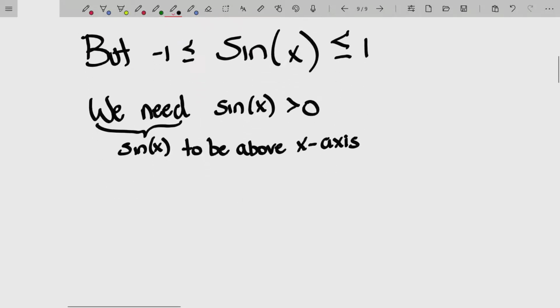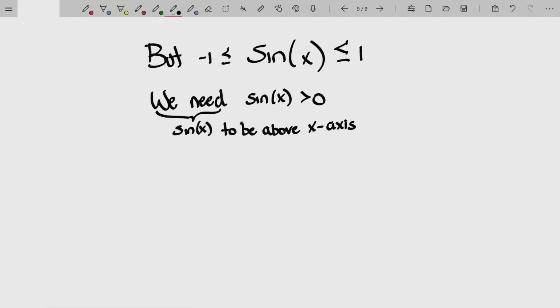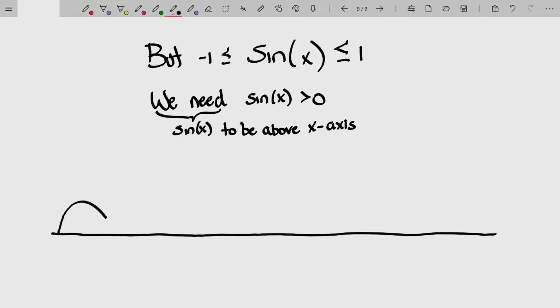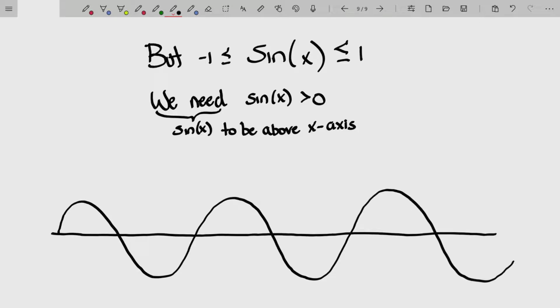So going ahead and graphing the sine curve, I'm not going to do an excellent graph. I will just do a graph. And I'll oscillate this guy right here. Now, you do know that the period of the sine curve naturally is 2 pi.